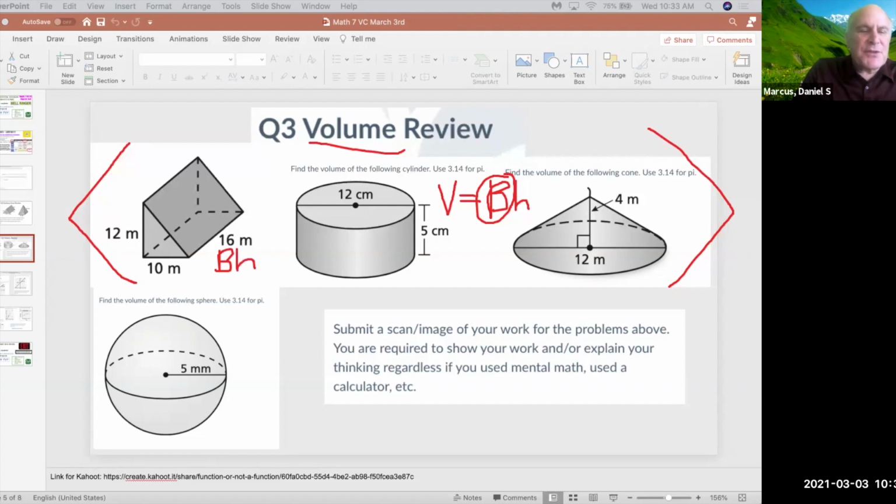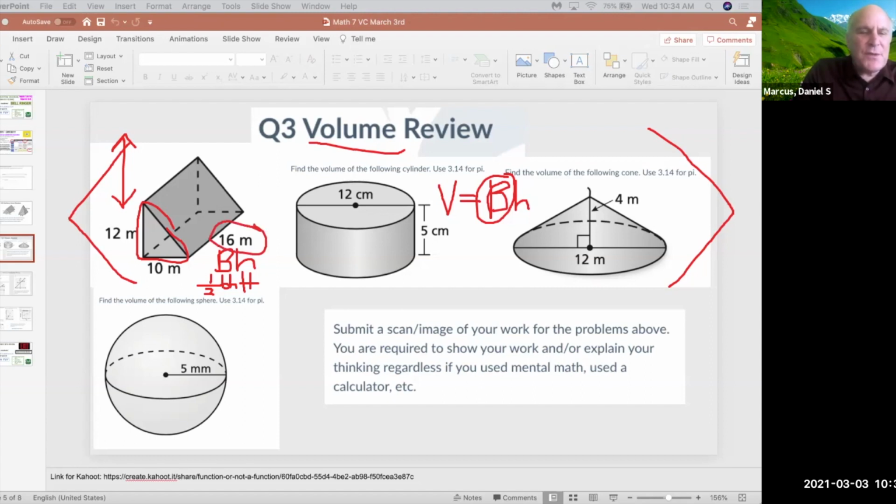So in this first one, notice that the base, because you have to think about standing this up, so that it would be standing up like this because it has two opposite bases, this base is a triangle. So you would do the area of the base, which is 1/2 of little b times h, and then times big H. So this would be 1/2 of 10 times 12 times big H, which is 16.